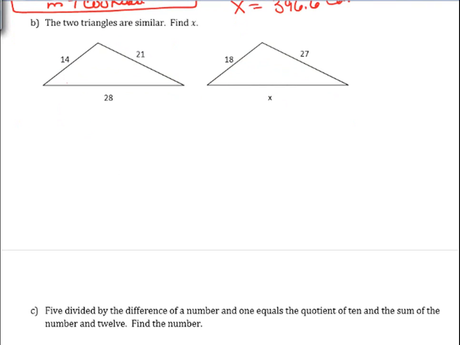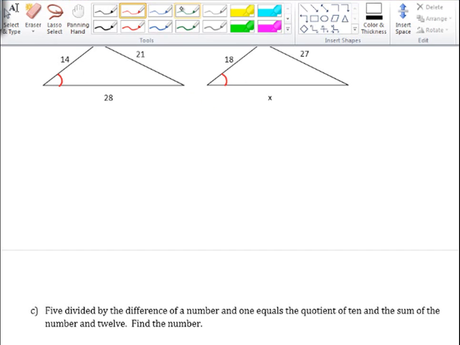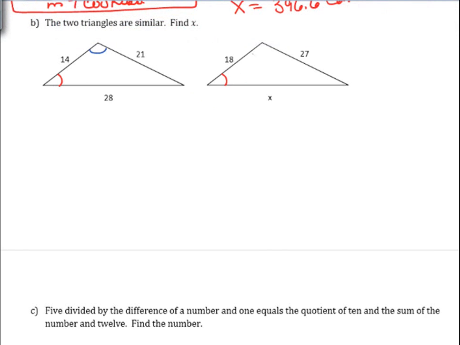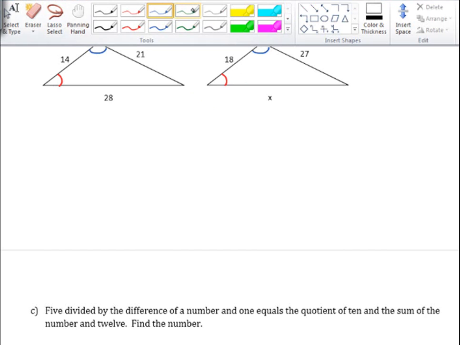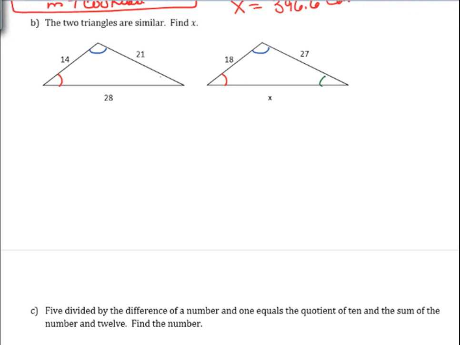The next example is about similar triangles. Similar triangle means that each angle has a corresponding angle, and they're equal. So these two red angles are corresponding and they're equal. And then these two angles are corresponding angles and they are equal angles. And then these green angles are also the same angle.